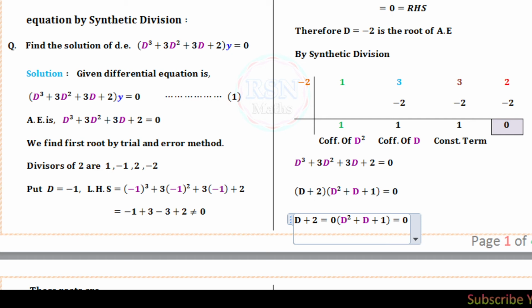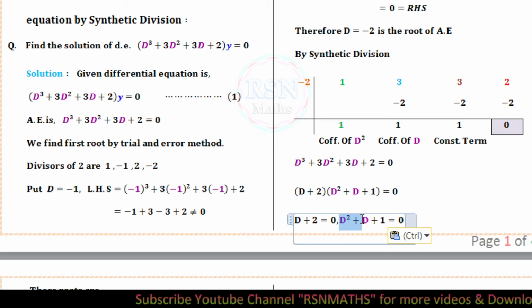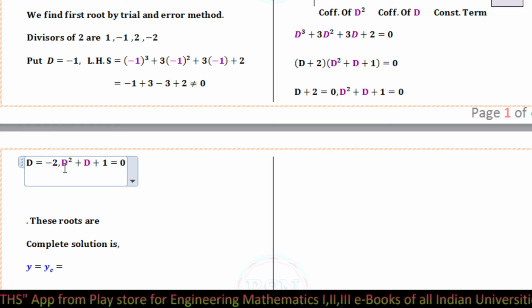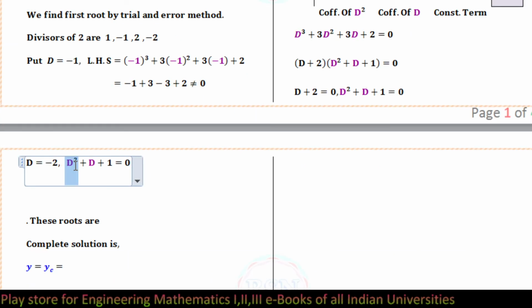But again, if we observe, this is a quadratic equation in D. Is this a quadratic equation in D? Okay, so from this we will get d is equal to -2, and this is the quadratic equation in D.